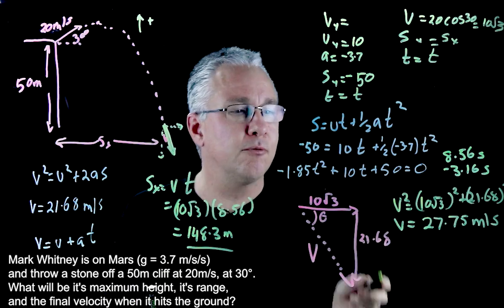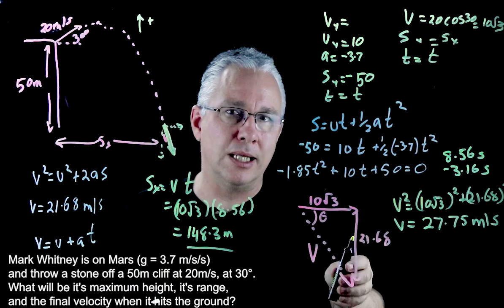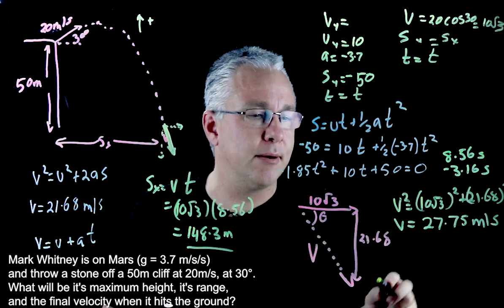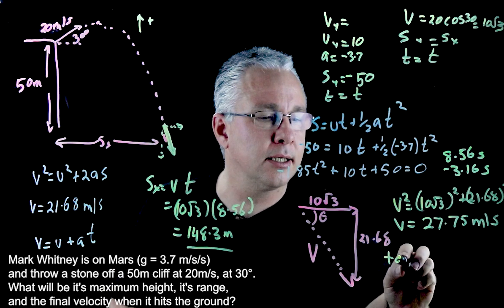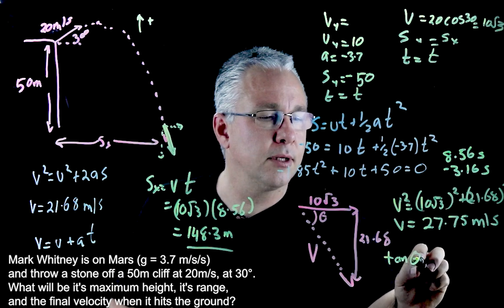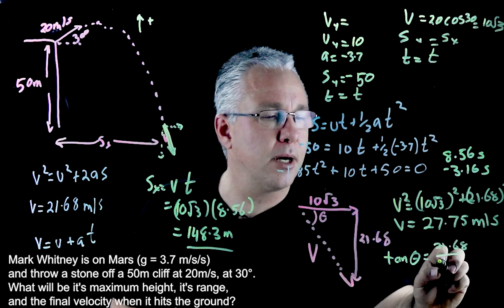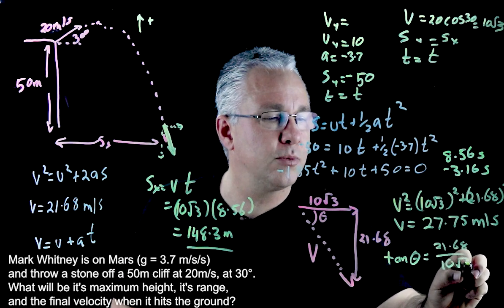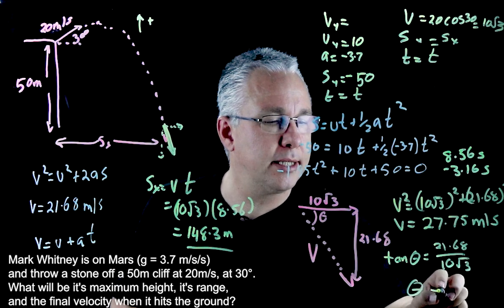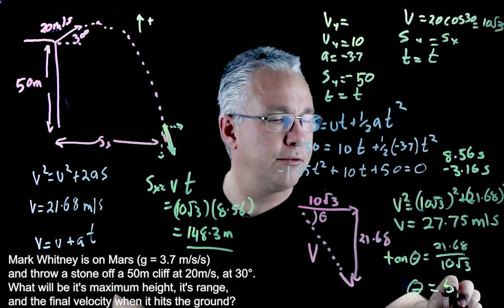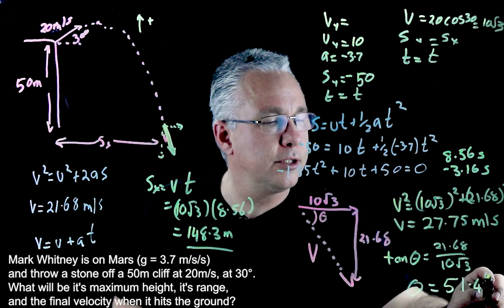But I haven't finished yet. Remember, I need to know the direction. Well, again, this is where trigonometry comes in really handy. You see that the tan of the angle is equal to the opposite, which is 21.68, divided by my adjacent, which is 10 root 3. If you work out the angle, that angle ends up being 51.4 degrees.